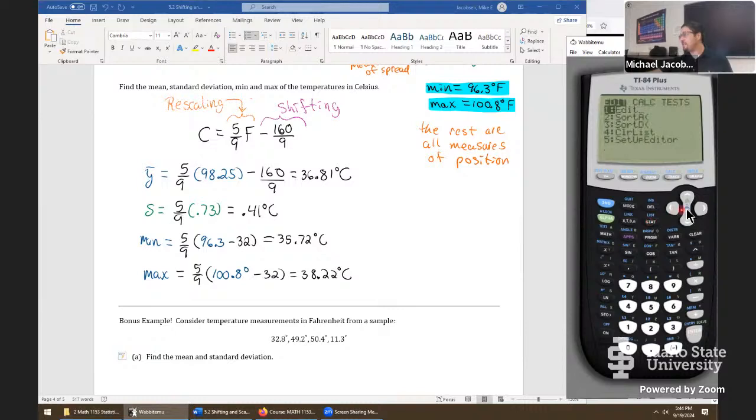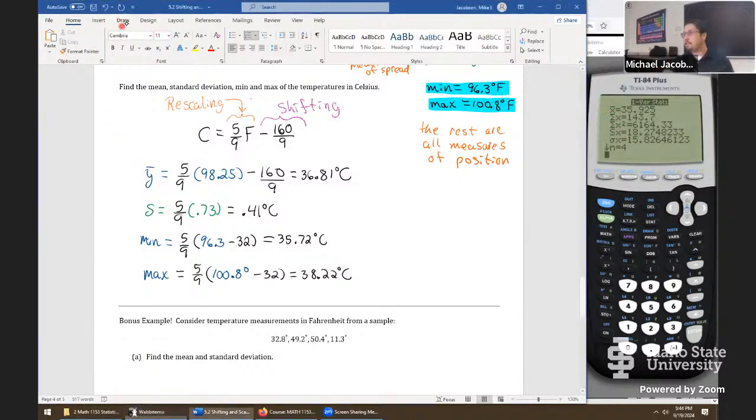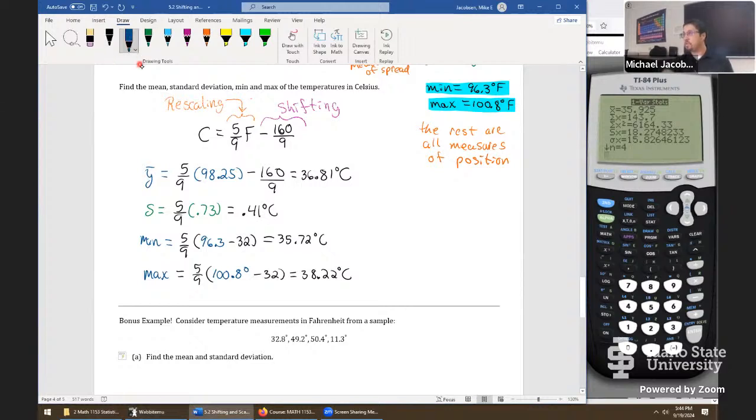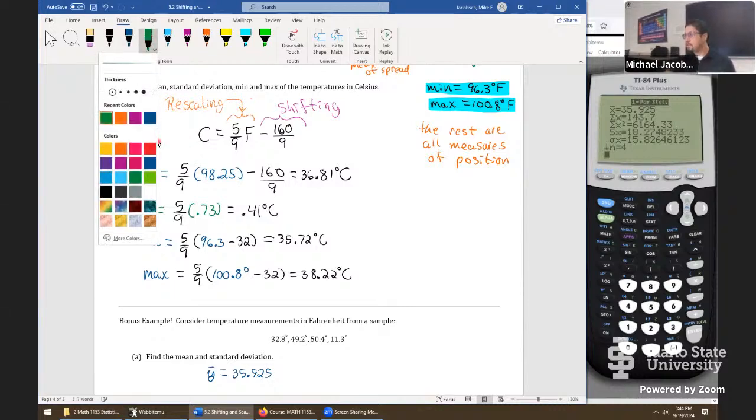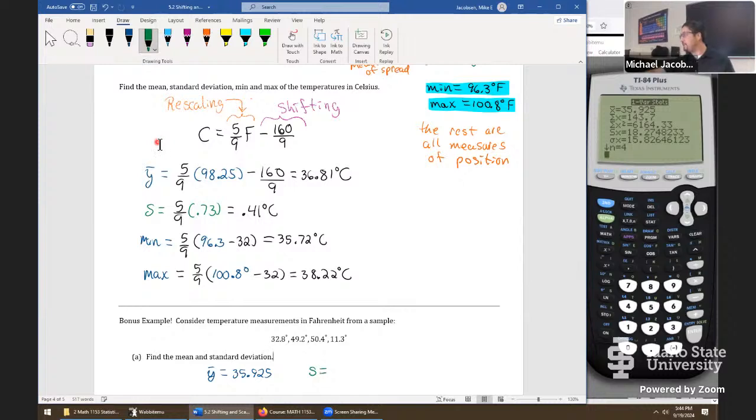Next go stat, over to calculate, jam the enter key. And here's our mean, 35.925. So that's a measure of position, so I'll use blue there. Y bar is 35.925. And S, always be careful with that one.